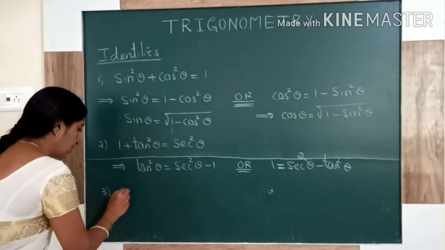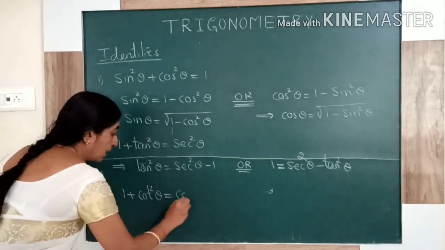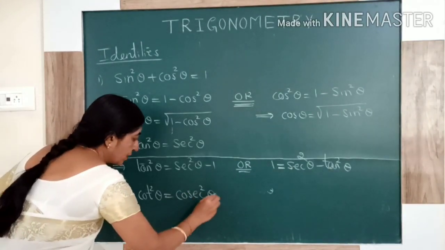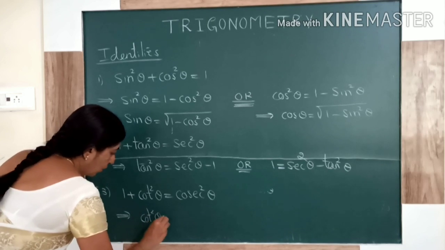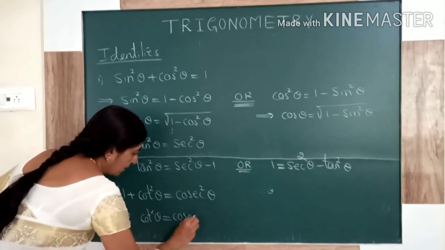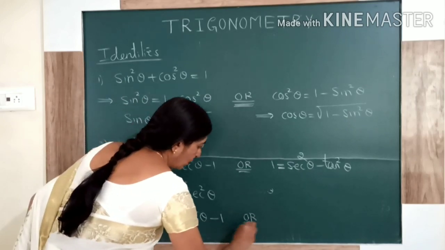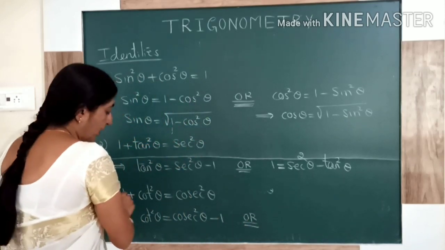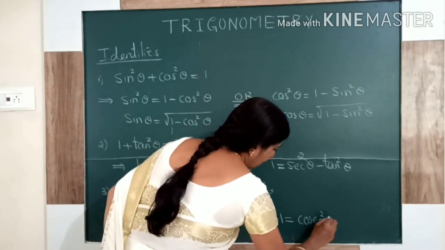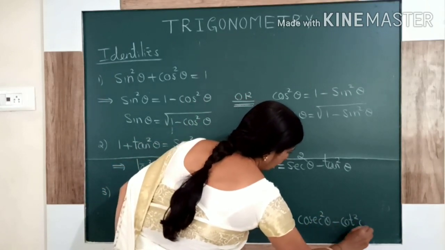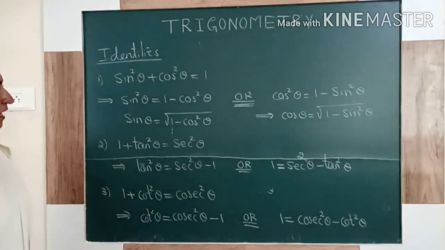What is the third one? Third is 1 plus cot square theta is equal to cosecant square theta. So cot square theta will be cosecant square theta minus 1, or sometimes if you write 1 on the left side as it is, 1 will be cosecant square theta minus cot square theta. Like this we are using the basic identities.